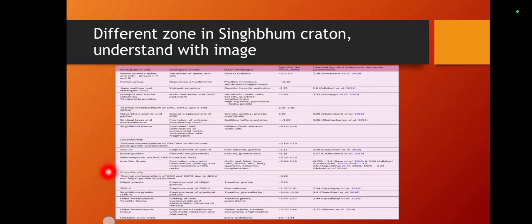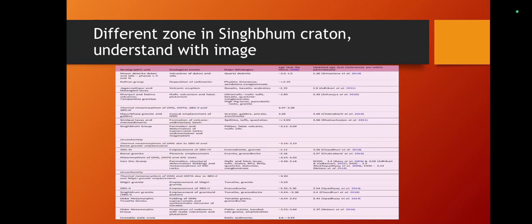Later in the lower part you can see the Singhbhum 2 and 1. So by seeing this video you may have understood the different zones in the Singhbhum craton.